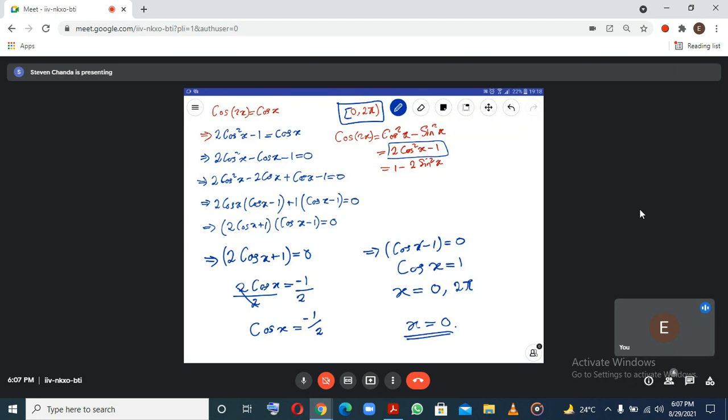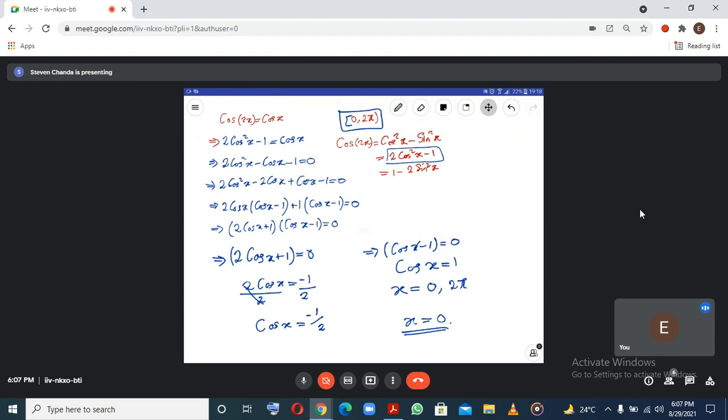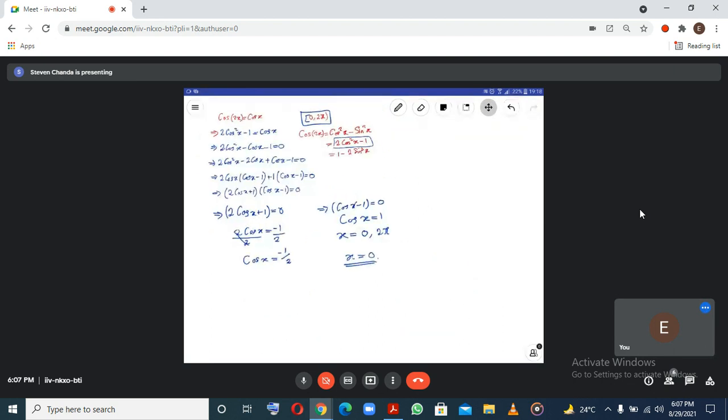So we can't put 2 pi because it says less than. These are things people miss out on, and they wonder why they didn't get full marks. Just this understanding alone can earn a mark, maybe even 2 marks, because you've taken note of what your range and your domain is.